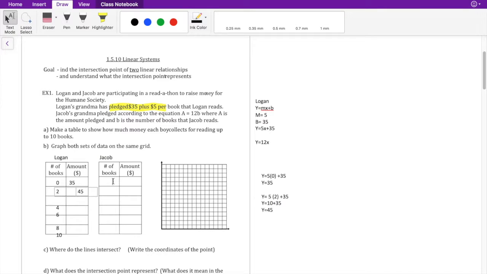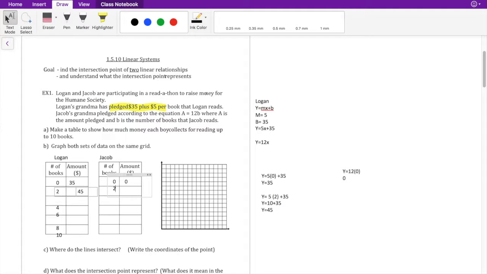For Jacob, the first one is going to be 0. At 0 books, how much is he going to make? We plug 0 into this equation. y equals 12 times 0, and that's going to equal 0, because she's not paying any base fee, she's just paying by the book.